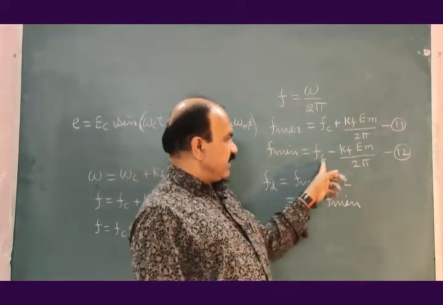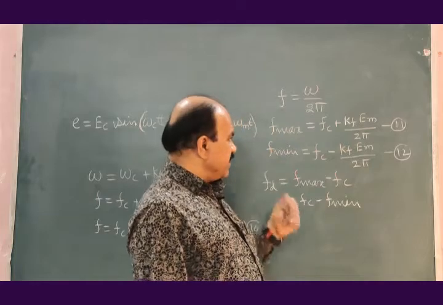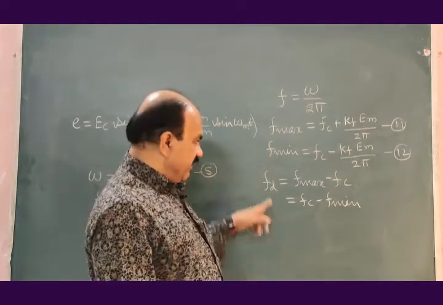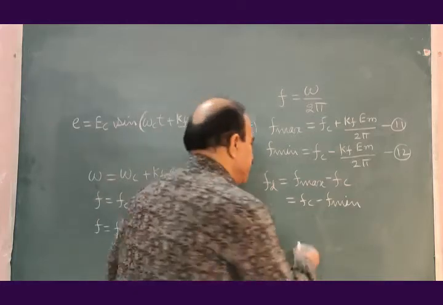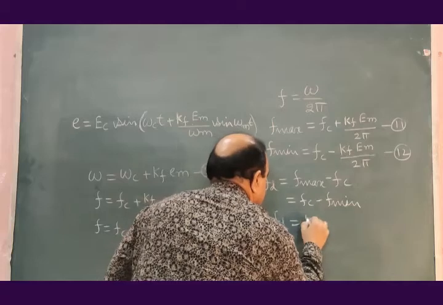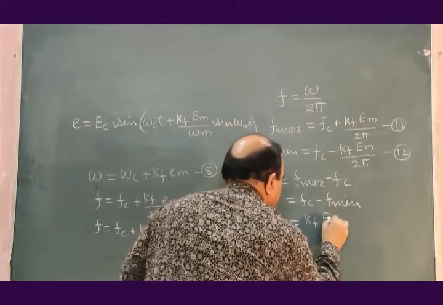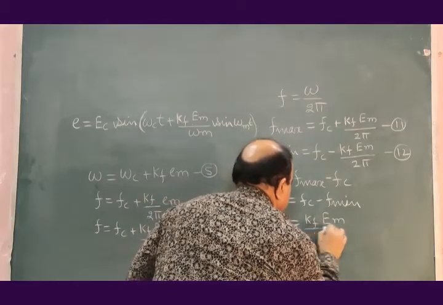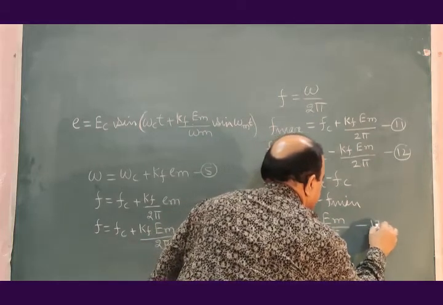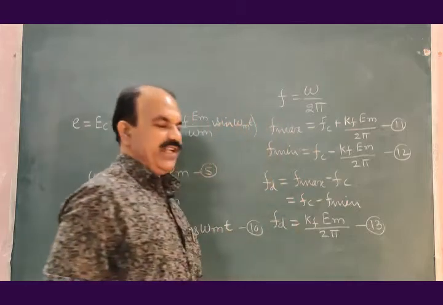We will get Fc minus F minimum is equal to Kf Em divided by 2 pi. It means that in these two cases, this Fd is nothing but Kf Em divided by 2 pi, equation number 13.